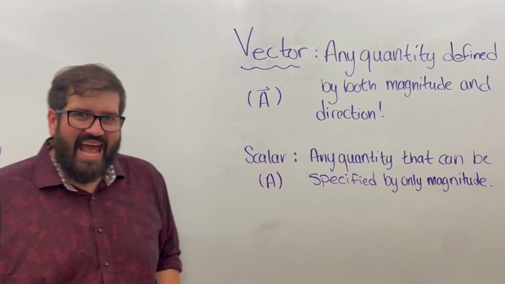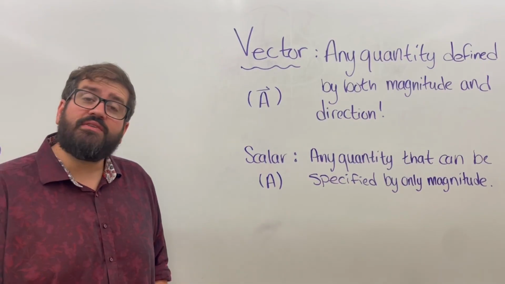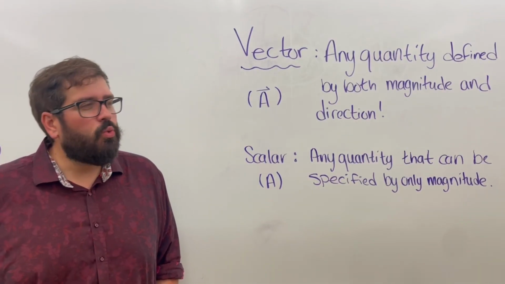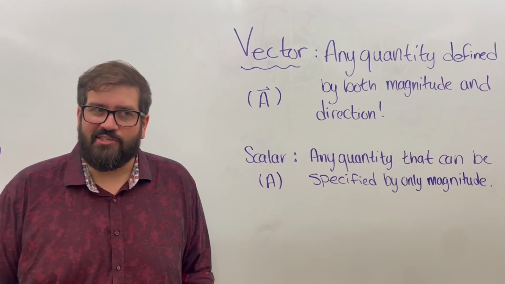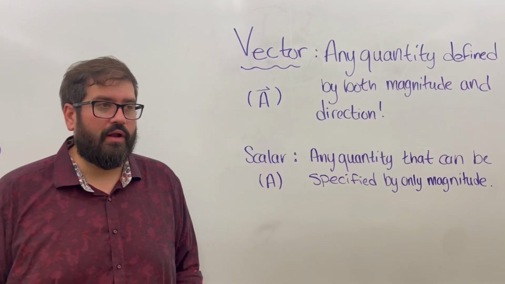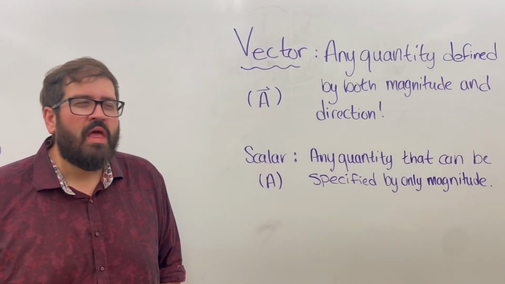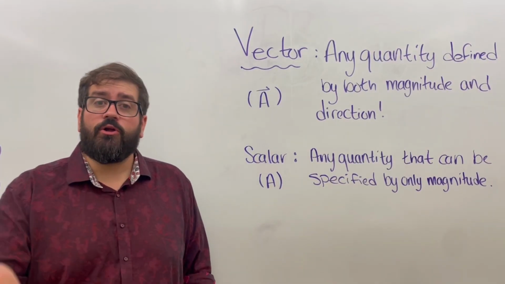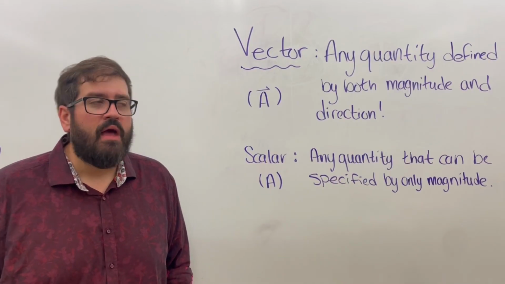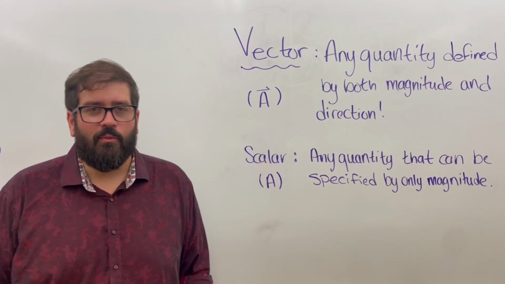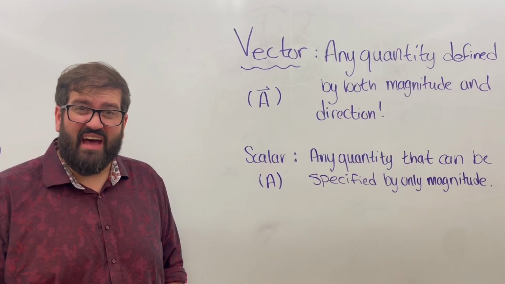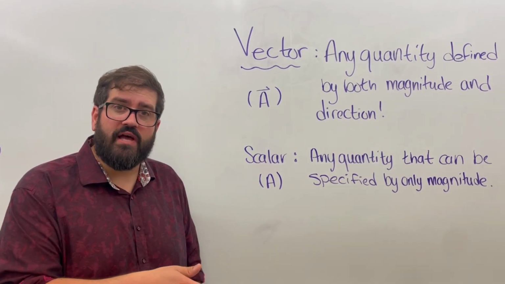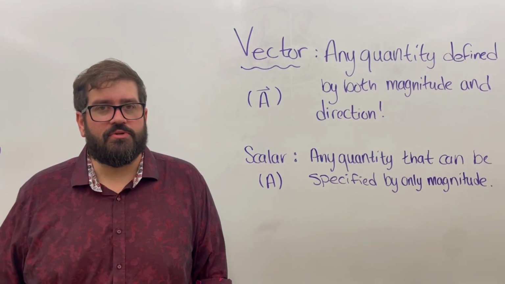With a vector, I can't make the same claim. The positives and negatives, when it comes to vectors, really give us a sense of direction: pointing in the positive x, pointing in the negative x. So if I have two vectors that have the same magnitude, for argument's sake 5 meters per second, but one is in the positive direction and one is in the negative, I might shorthand that to +5 meters per second versus -5 meters per second.